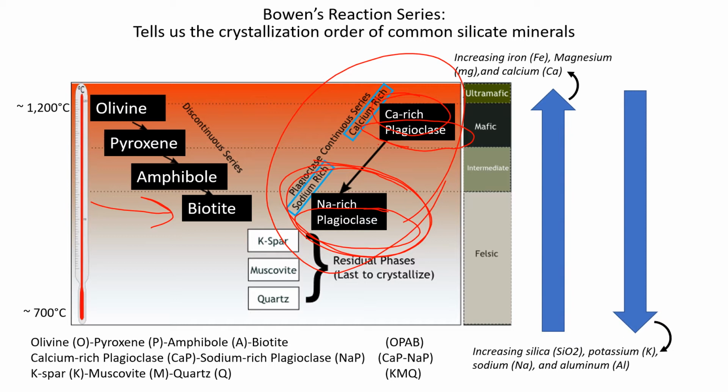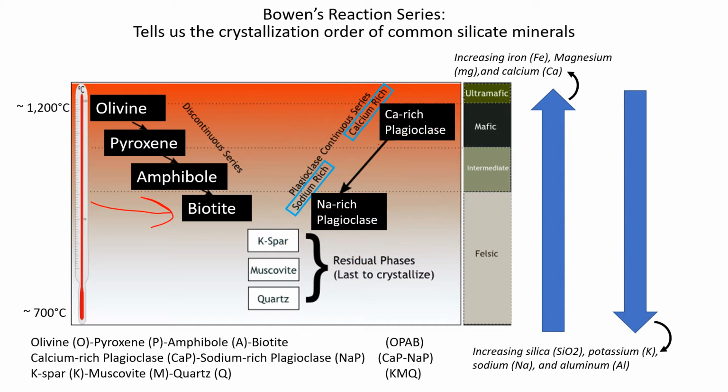And right here in the middle, at intermediate temperatures, the plagioclase that's crystallizing is both calcium and sodium rich. It contains both. So in the continuous branch, there's a continuous change in composition to the plagioclase crystals that are crystallizing out throughout this entire range of temperatures.